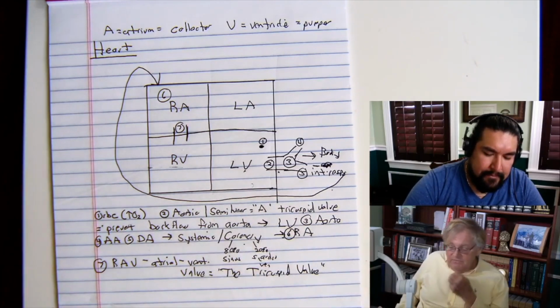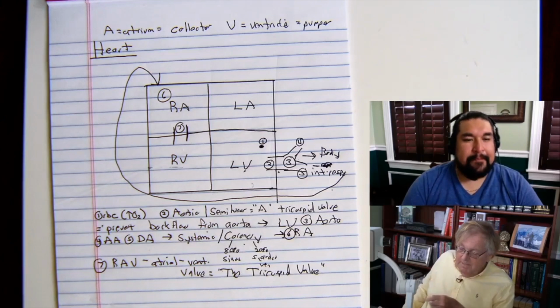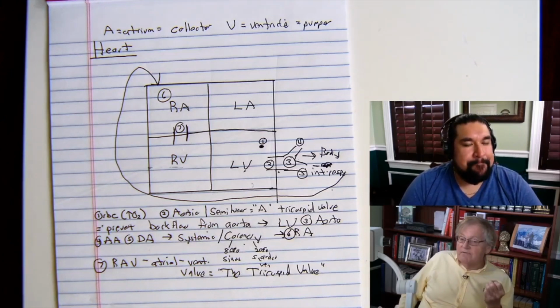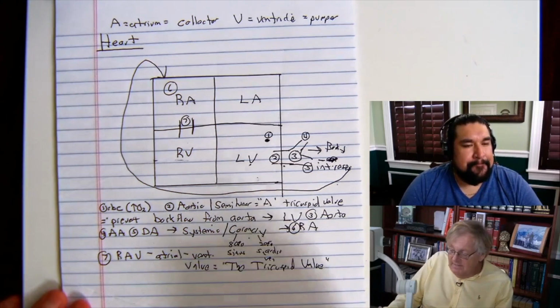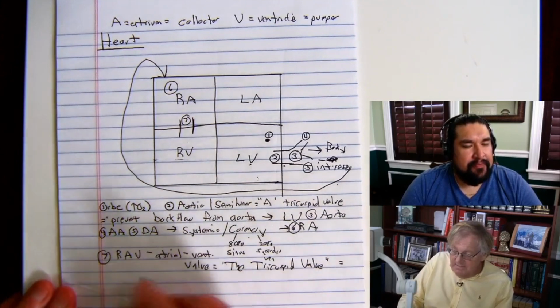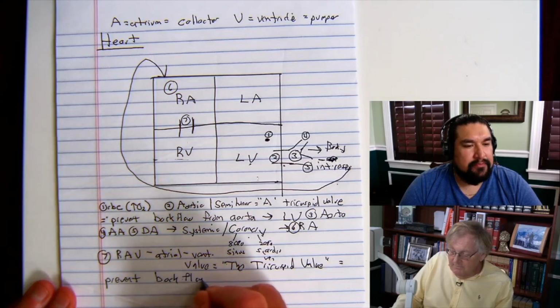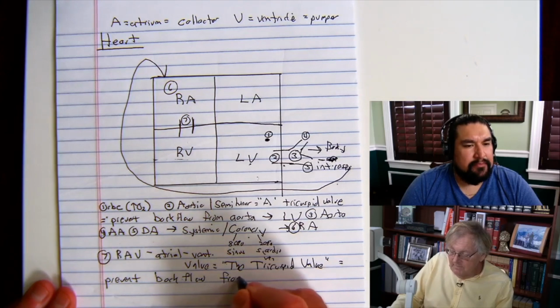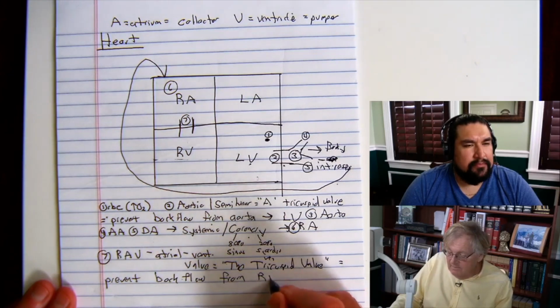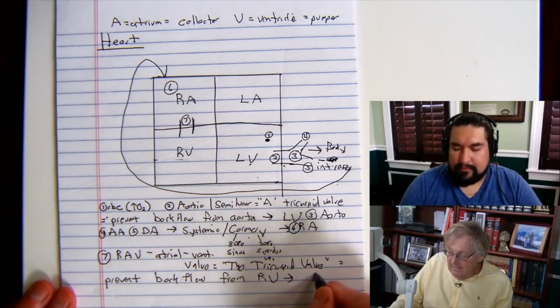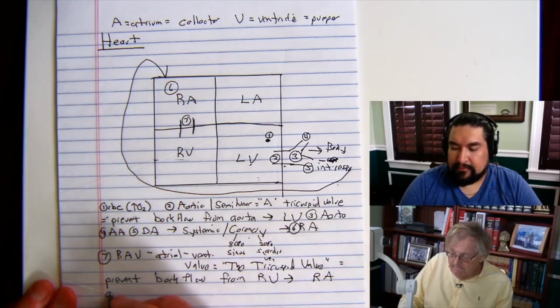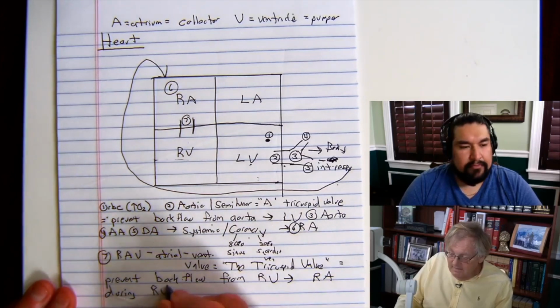Now I'm in the right ventricle, but I've got to know the function of that tricuspid valve, and therefore that's going to be to prevent backflow from the RV to the RA during RV systole.